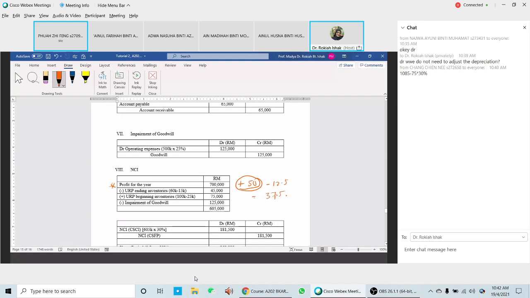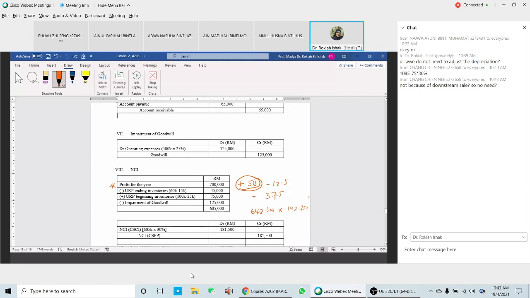If you total that up, how much do you have for the profit for the year? 605 plus another 37.5, so you're going to have 642.5. Then you multiply by 30%, which is 192,750. That is your answer.